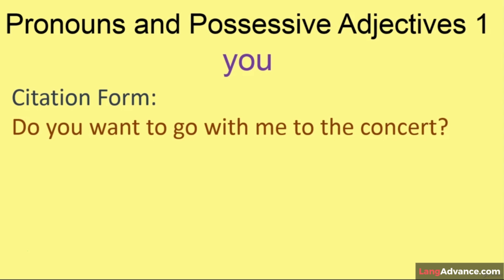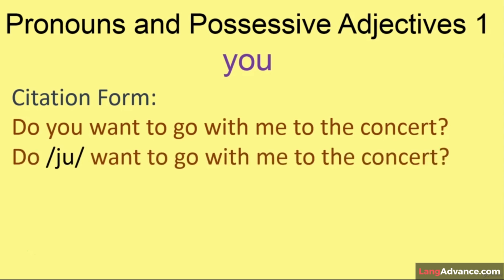Do you want to go with me to the concert? The letter J is used in IPA format to represent the sound of Y in English, y. Do you want to go with me to the concert?